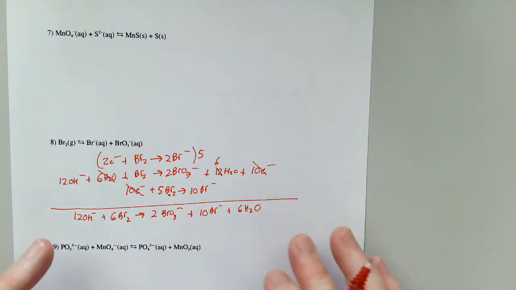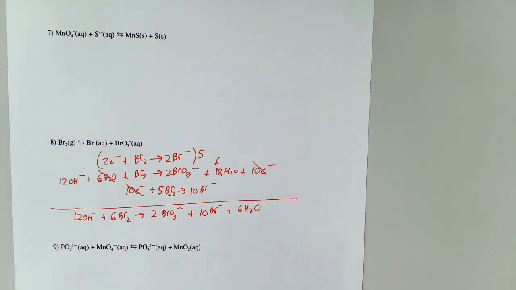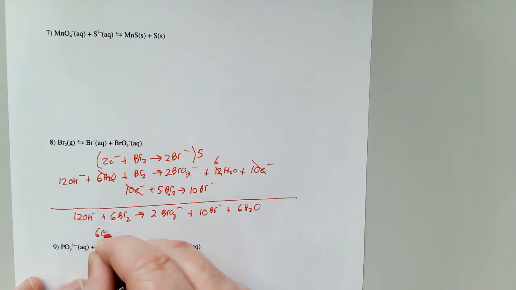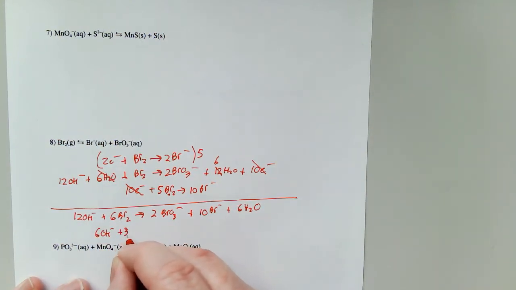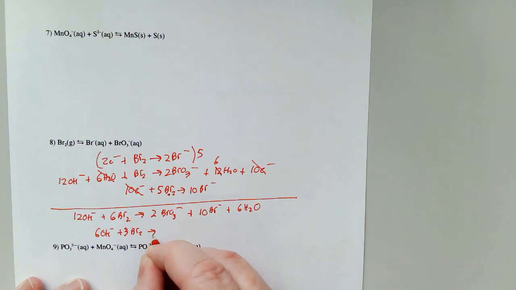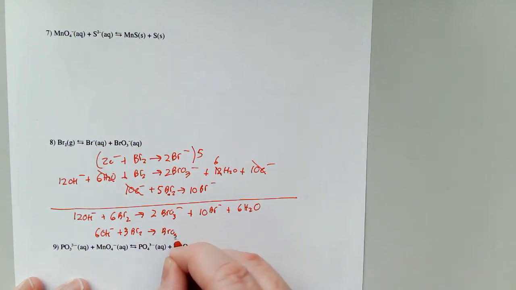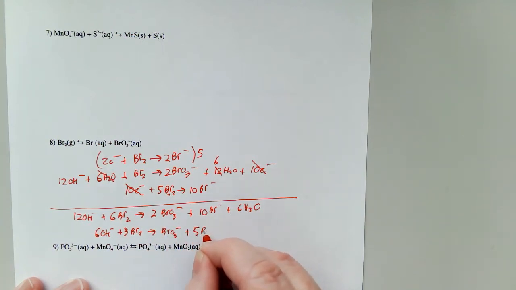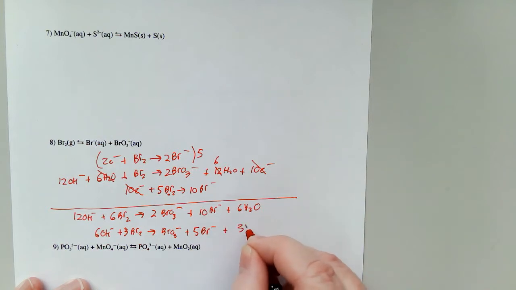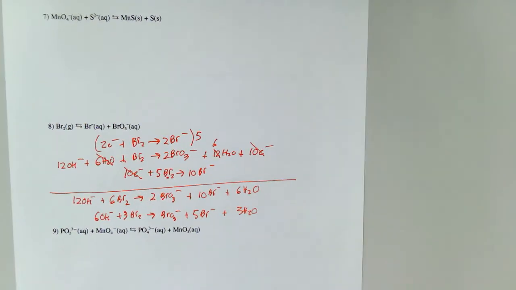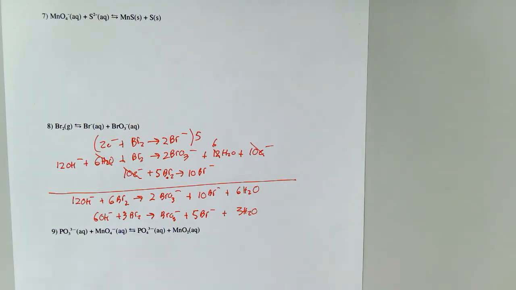I'm seeing everything there can be divisible by 2. So 6 OH minus plus 3 Br2 gives me BrO3 minus plus 5 Br minus and 3 H2Os. There we go, number 8.